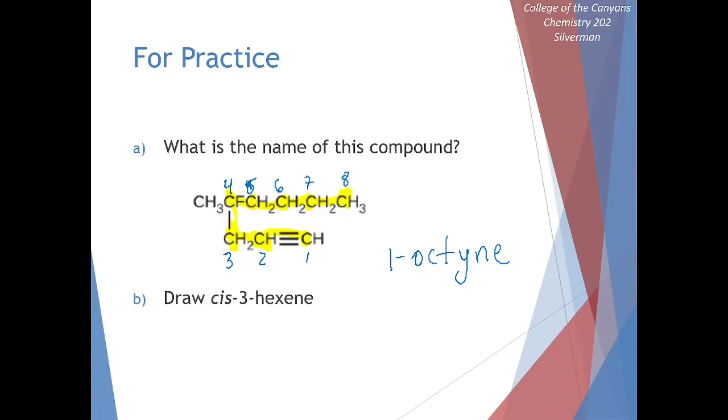Is that the only thing going on? Well, not exactly. We have this fluorine hanging out, and we have this methyl group hanging out. So we have, what is this, 4-methyl, and we have 4-fluoro. We want to list these groups at the beginning in alphabetical order.